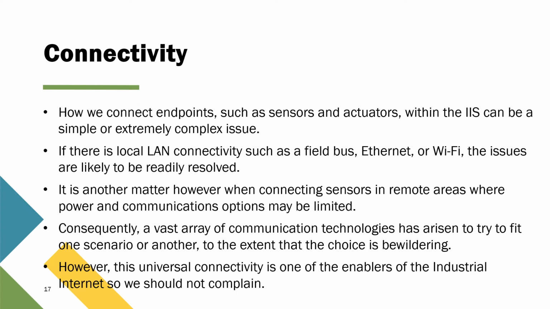Consequently, a vast array of communication technology has risen to fit this scenario, and it can also help make connectivity between the devices and the machines easier. However, this universal connectivity is one of the enablers of the industrial internet, so we should not complain.